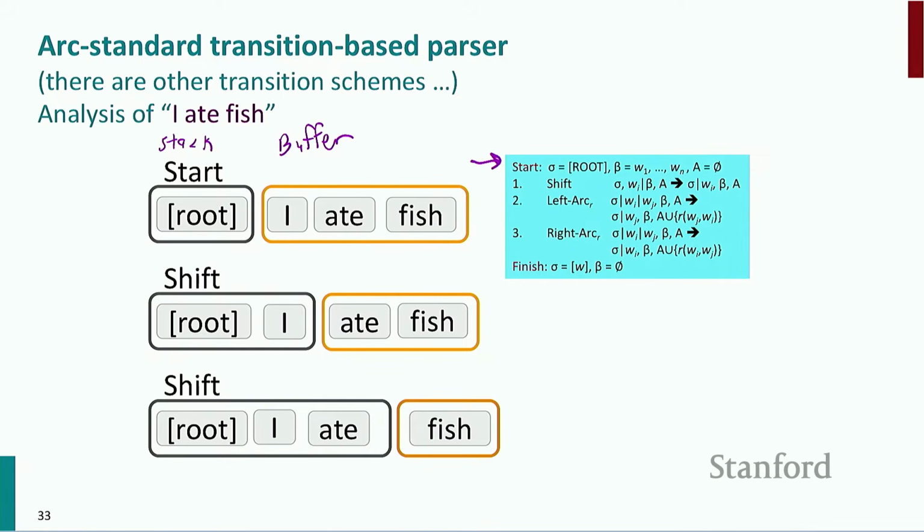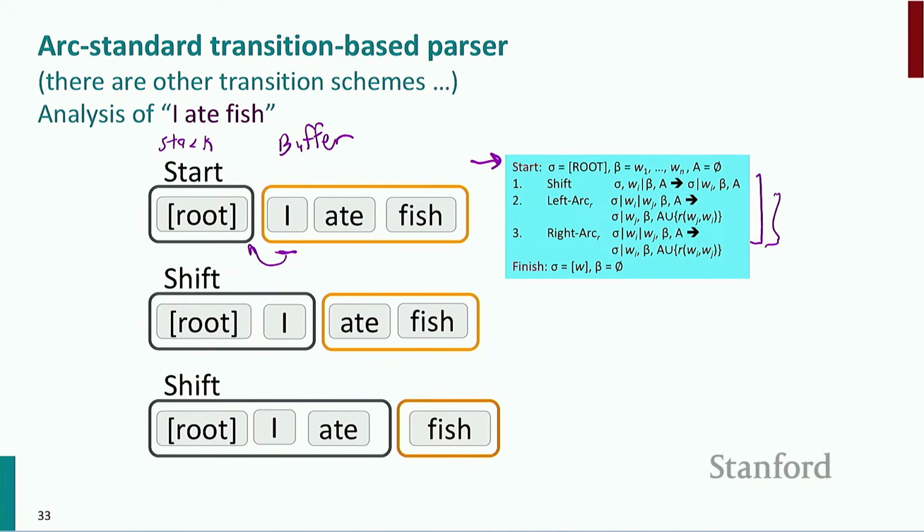Then for each step of processing, I have a choice of 3 operations. I can either shift, which moves the top word on the buffer onto the stack, or I can do left arc or right arc, and these are my 2 reduce operations that build a little bit of syntactic structure by saying that one word is a dependent of another word in either a left or a right direction.